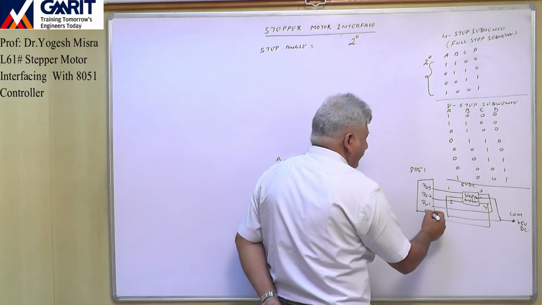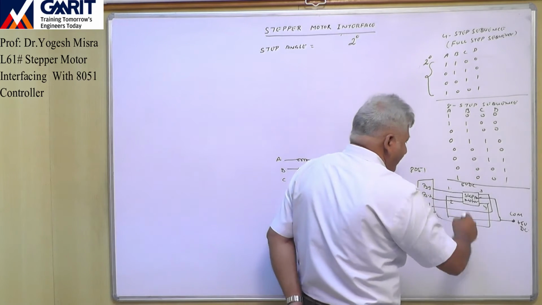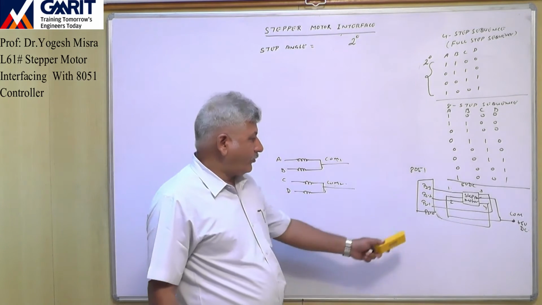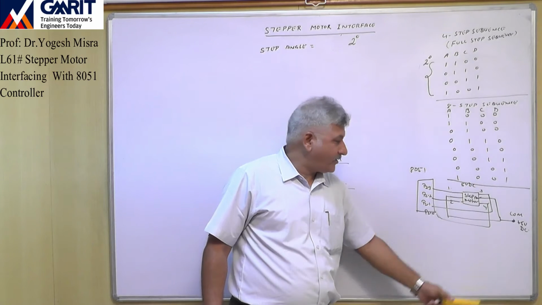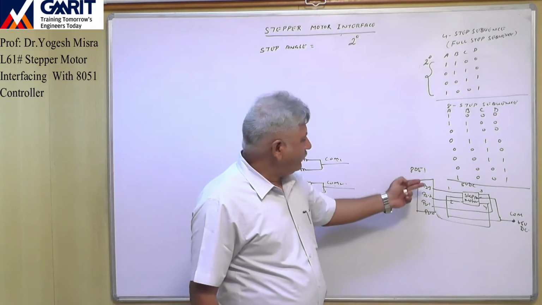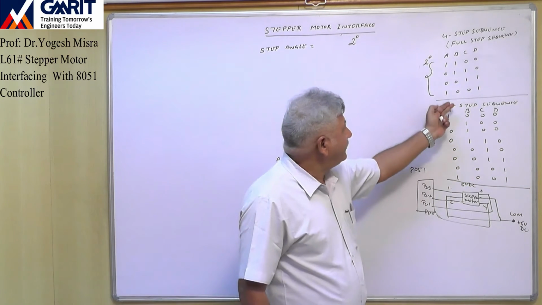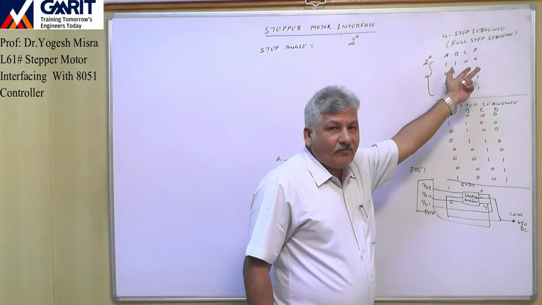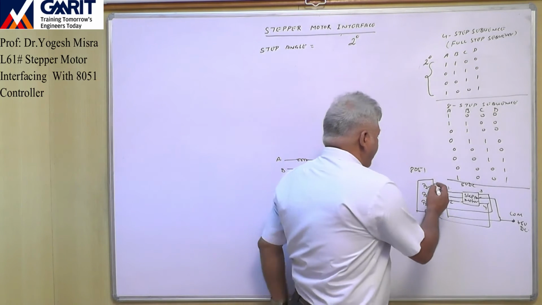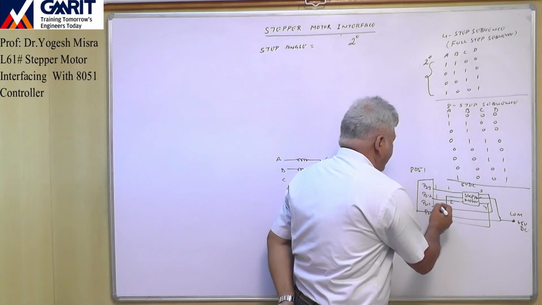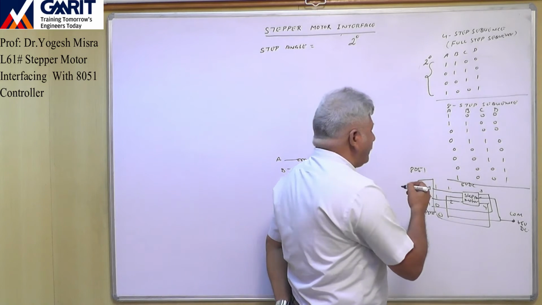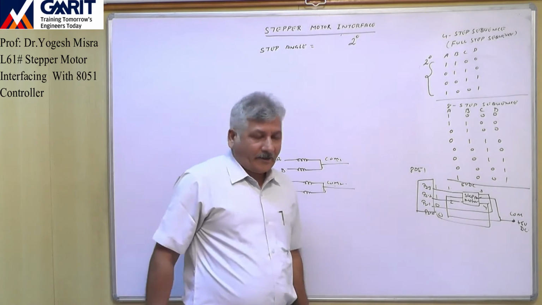And port 2, pin number 0. Like this we will connect these wires of the stepper motor with the port. And now to these ports we will give this value sequence 1 1 0 0. So here we will send 1 1 0 0. So in this way we will connect.